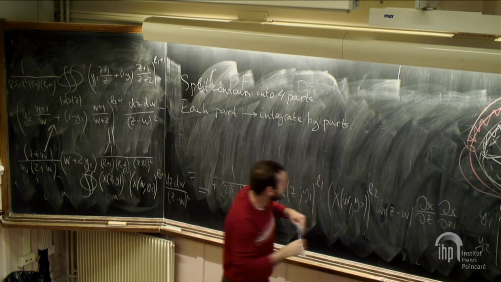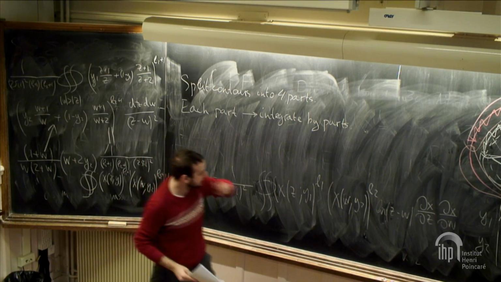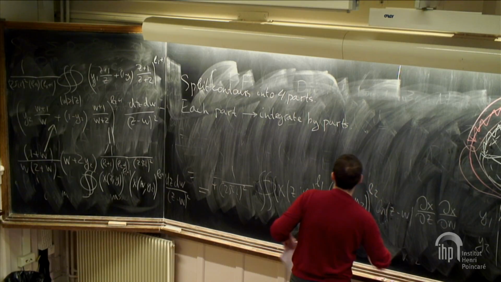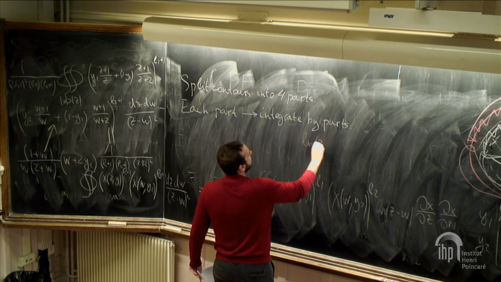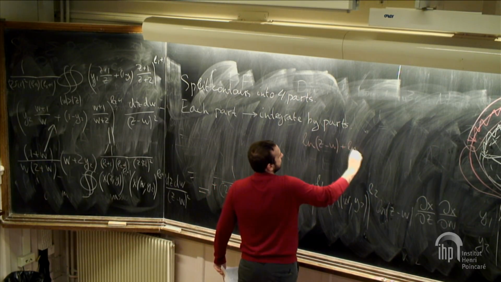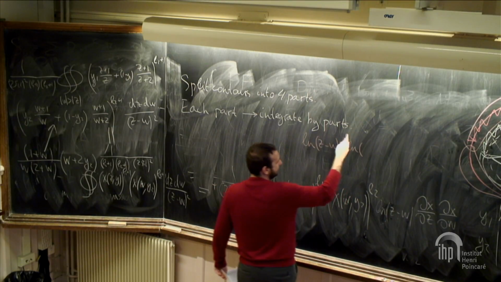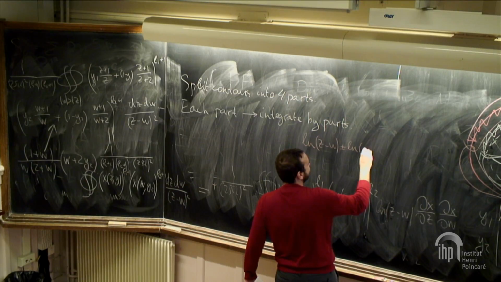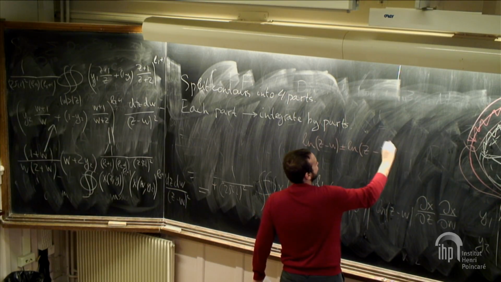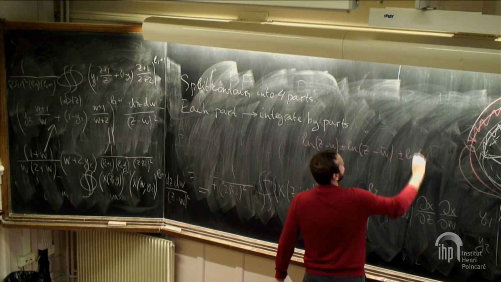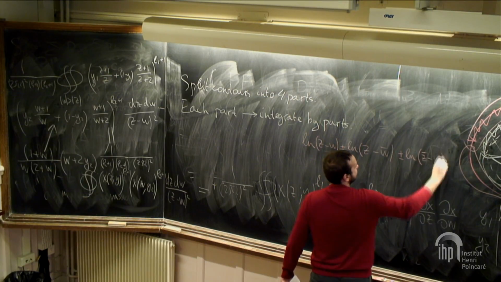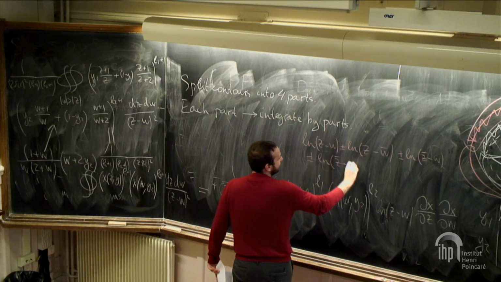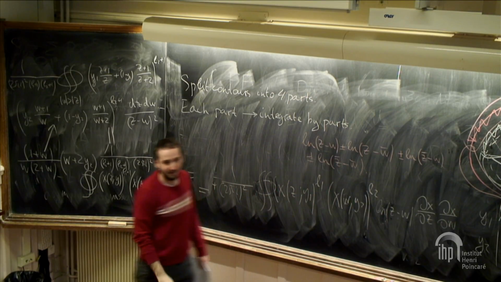But this time, instead of logarithm of z minus w, we'll have some of the four terms. We'll get logarithm of z minus w plus logarithm. Well, there are different signs because they're oriented in different ways. So I will check plus minus because it's easy to get confused. Logarithm of z bar minus w, logarithm of z bar minus w bar.